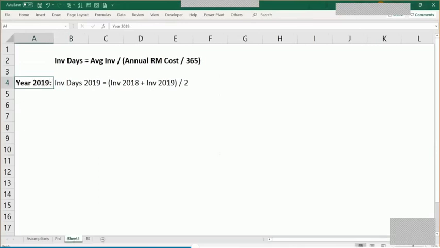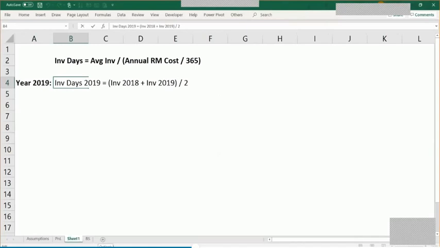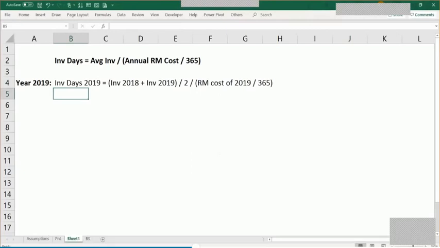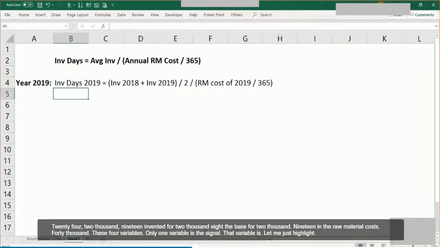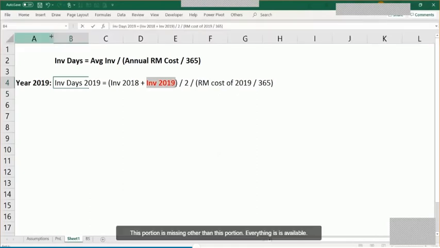So inventory days will be equal to the average inventory of 18 and 19, which is basically 18 plus 19, divided by annual raw material cost of 2019 divided by 365. Now there are four variables: inventory for 2019, inventory for 2018, the days for 2019, and the raw material cost for 2019. Of these four variables, only one is missing, and let me just highlight this portion that is missing. Other than this portion, everything else is available.